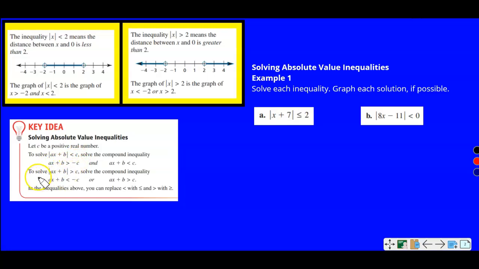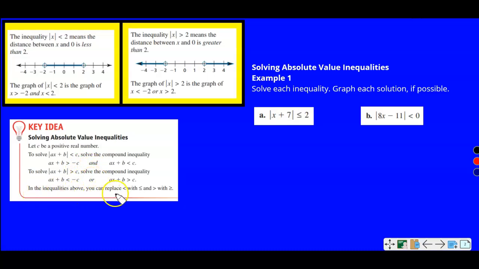Okay? To solve the absolute value of ax plus b greater than c, solve the compound inequality. So ax plus b less than negative c. Again, when it's negative, when you change the sign, you also change the inequality. Or ax plus b greater than c. So these work very much the same way. So the and the or statements are going to work the same way.